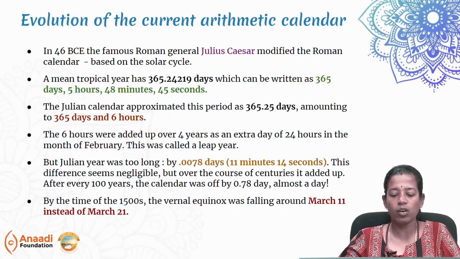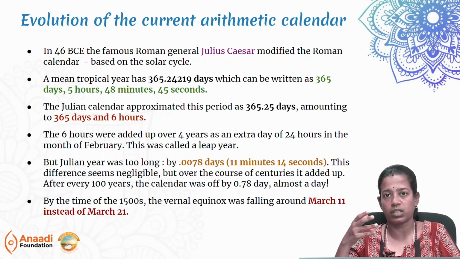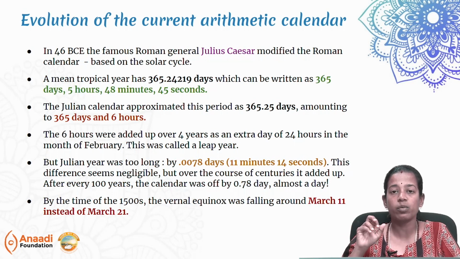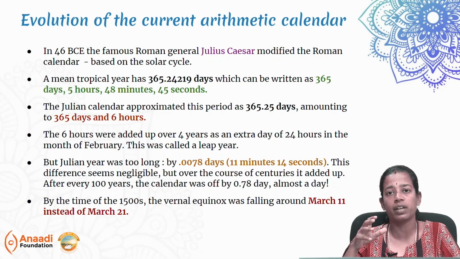This compensation was okay, but it wasn't so accurate. The Julian calendar year was too long by 0.0078 days, which is about 11 minutes and 14 seconds.